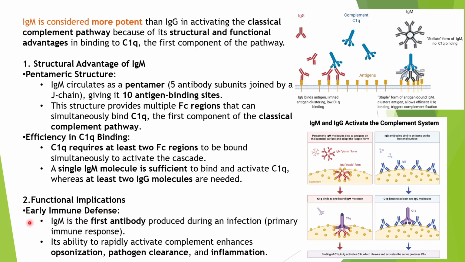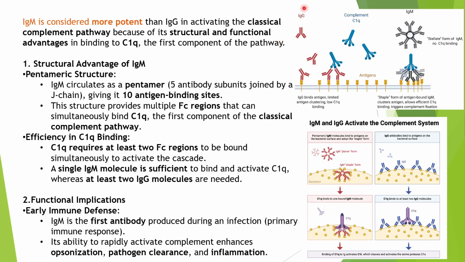Then functional implications, early immune defense. IgM is the first antibody produced during infection, the primary immune response, and its ability to rapidly activate complement enhances opsonization, pathogen clearance, and also inflammation.